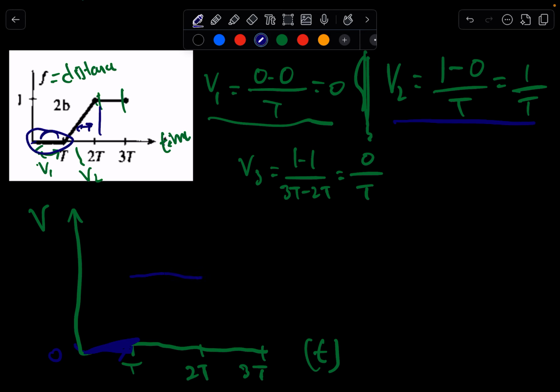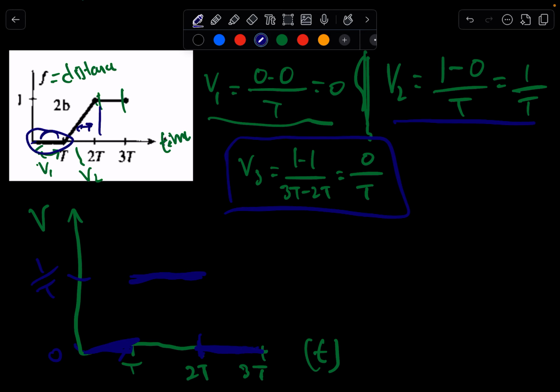This represents our velocity during this time. And then for the third section, again it's 0 because nothing happens. It doesn't move anymore. So it's going to go from here to here at 0.